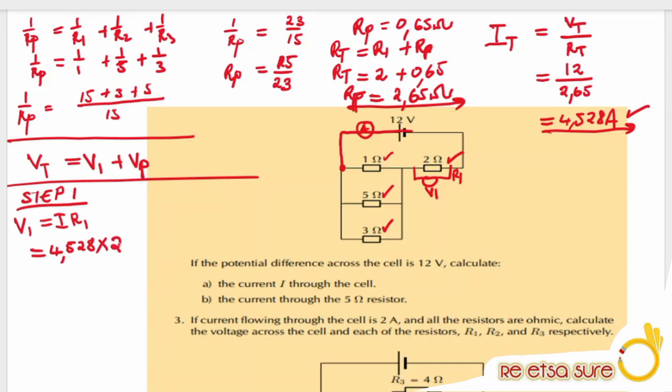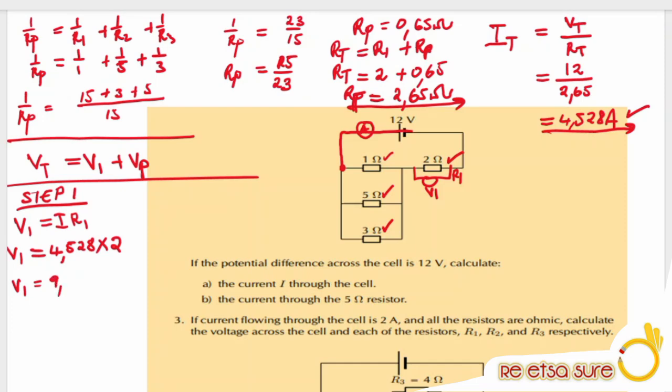So 4,528 multiplied by 2, and then our V1 here is how much?